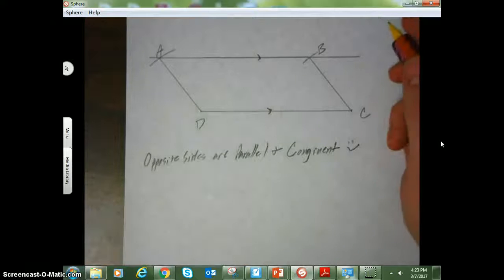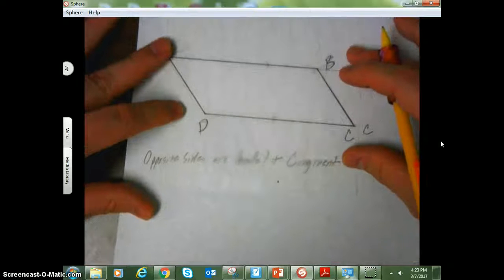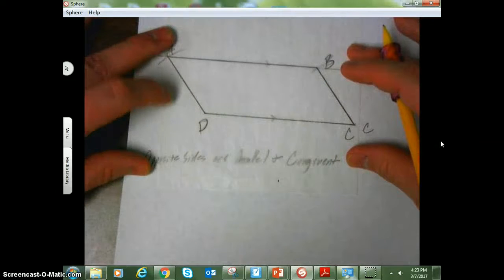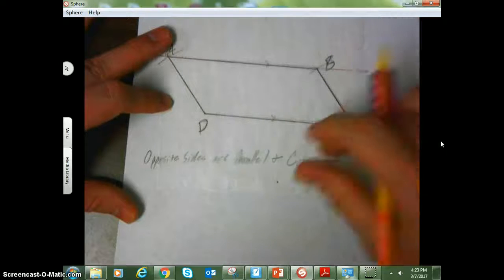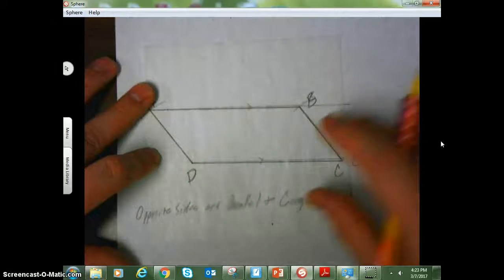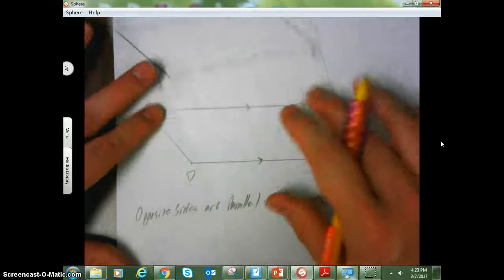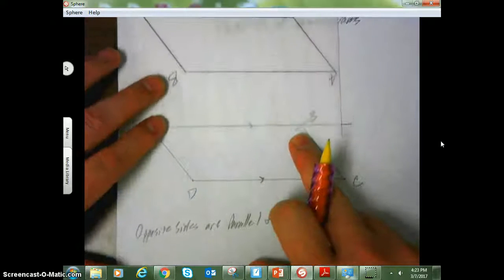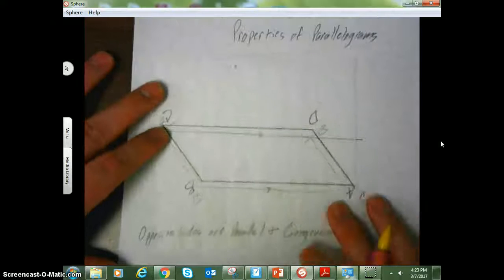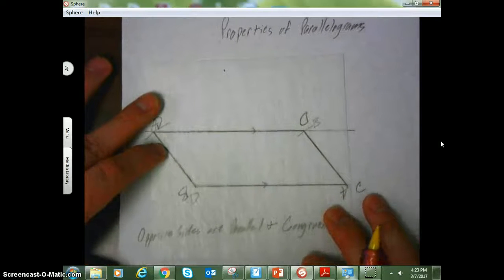Now there's another thing that we can look at here that's unique about parallelograms. Again, I'm going to use the tracing paper. I'm going to take the patty paper and spin it 180 degrees so that I can put the opposite angles together. I'm going to put B with D and A with C. When I do, we can quickly compare the angles.